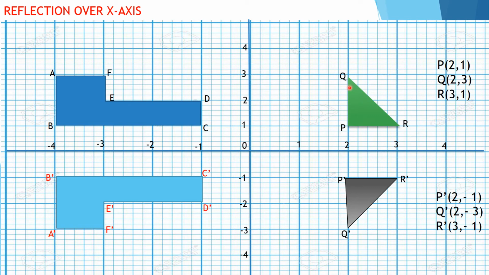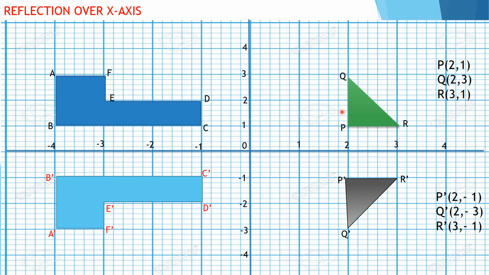So what is the reflection of PQR over the x-axis? The coordinates of P are 2 and 1, you can see it here, and Q is 2 and 3, and R is 3 and 1.